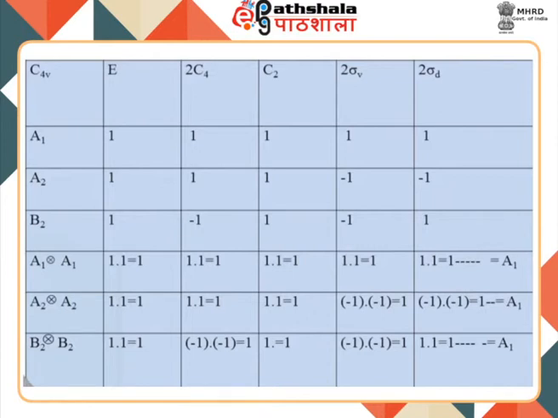We get the characters for A1. Now, the direct product of an irreducible representation with itself will contain a totally symmetrical representation in it, and the totally symmetric irreducible representation will appear only once.